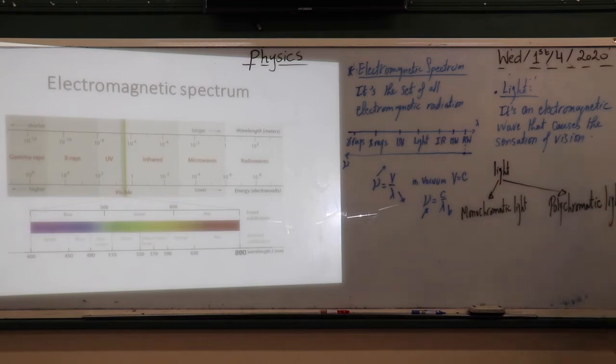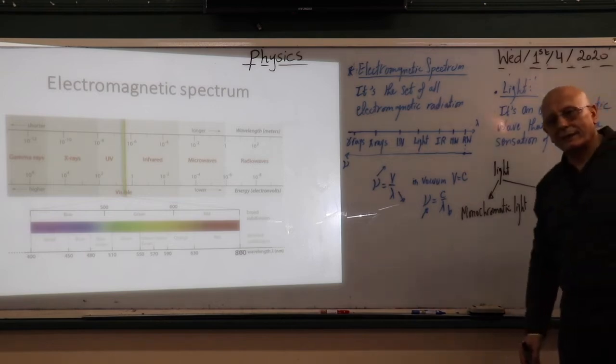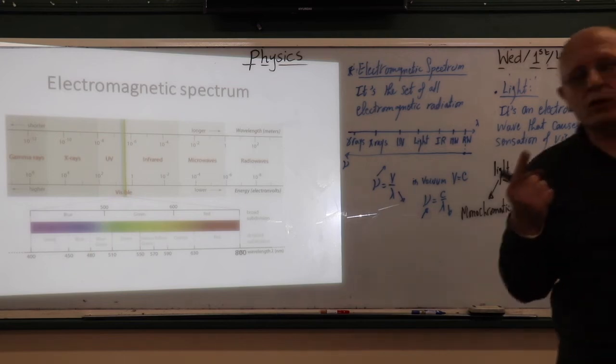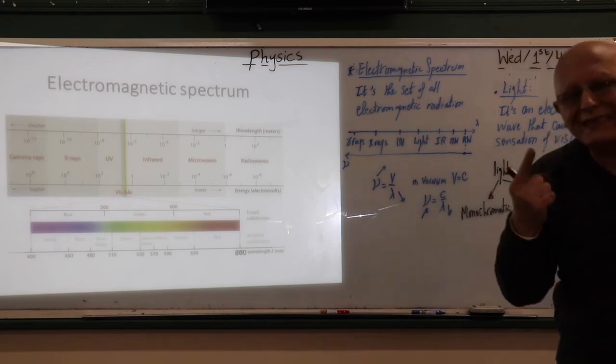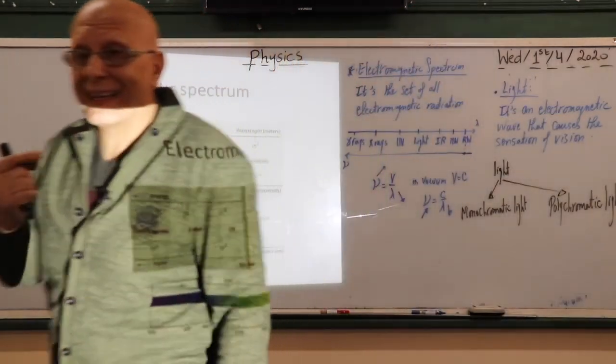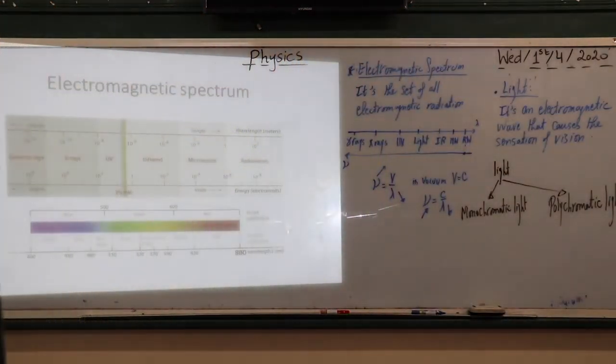The monochromatic light is the light that consists only of one radiation that has a specific value of lambda or a specific value of the frequency.